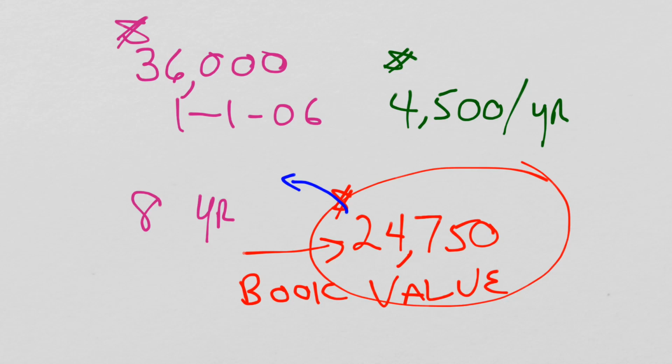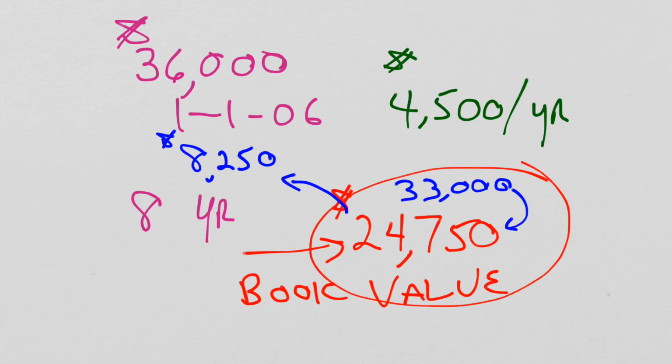On the books of Sky we're talking about now, they had a book value of $24,750, so it means that Sky would have recorded a gain of $8,250. That's just the difference between the $33,000 sale price and the book value. There you go, that's the gain that would have been recorded.